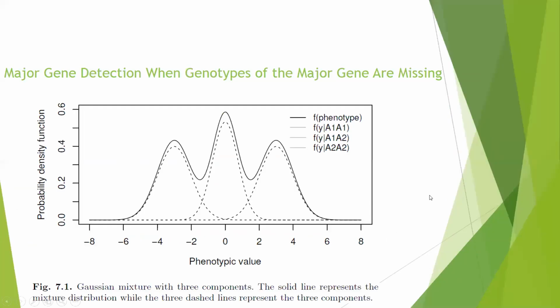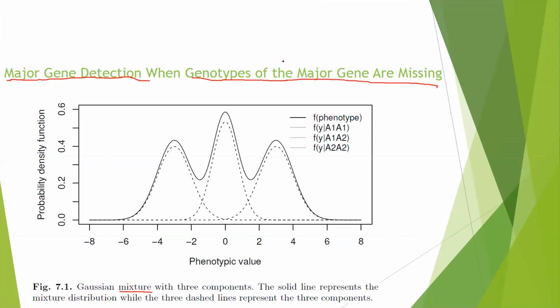So I think this will be the last slide for today, but I'm going to introduce it to you. All right, so what is the mixture model here? This is a very useful tool in quantitative genetics. The mixture model is super useful for major gene detection, when the genotype of the major gene is missing.